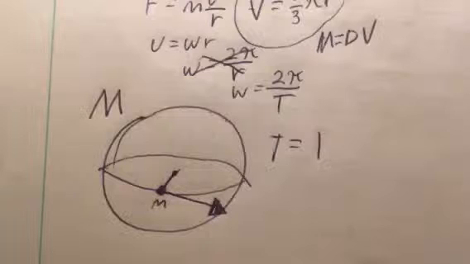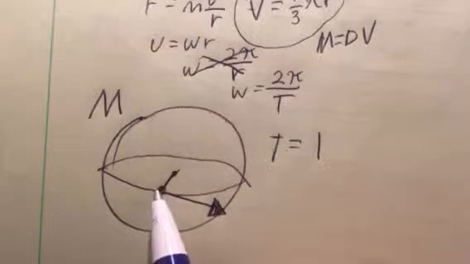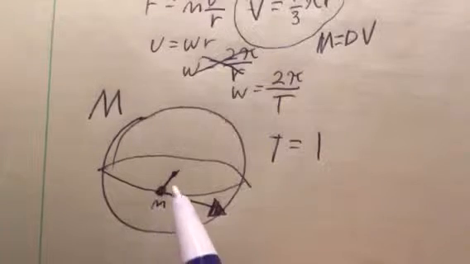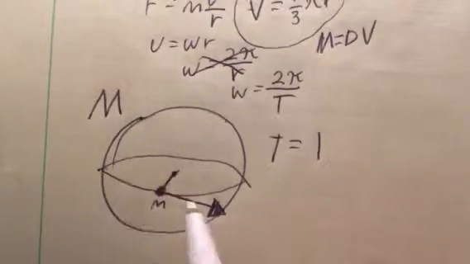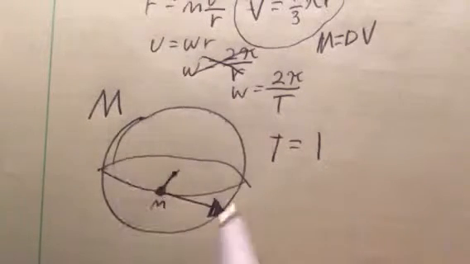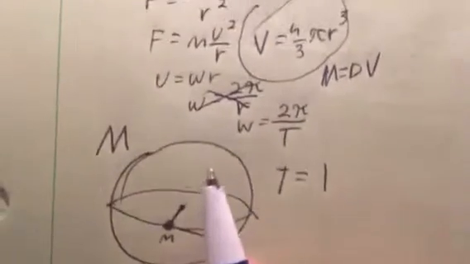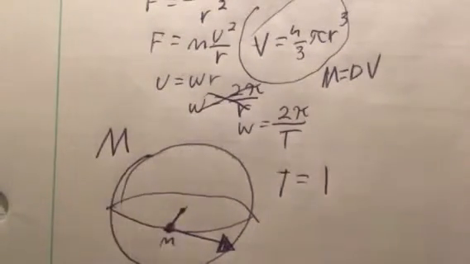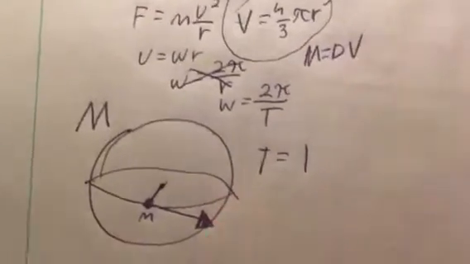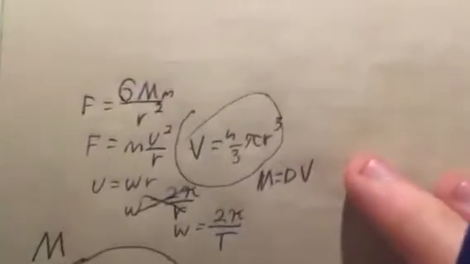Then we can also assume that there is an object at the surface, just some part of the neutron star that's at the very edge of the star. And we're going to label that as little m, while the neutron star, the mass of the entire system, is big M. So those are our assumptions before actually delving into this problem.